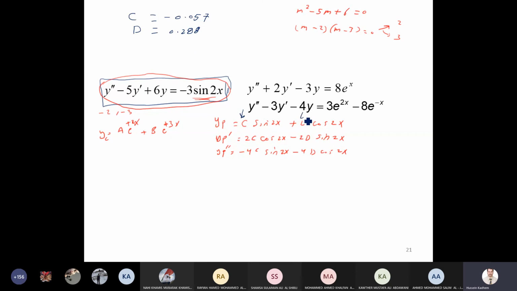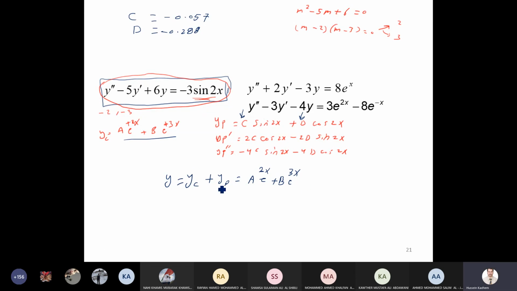This is C and this is D. I will write the final answer: y equals yc plus yp. YC is A exponential 2x plus B exponential 3x.